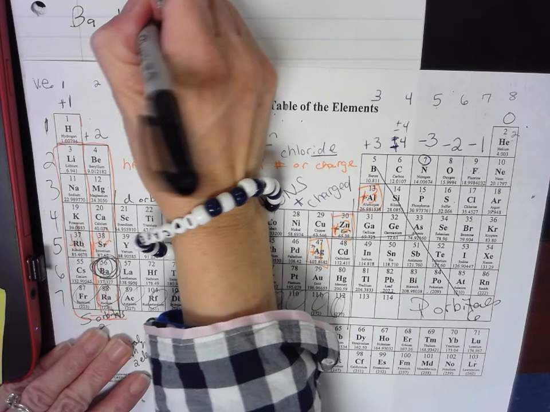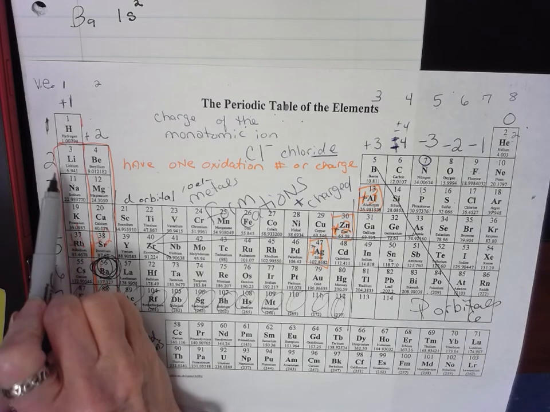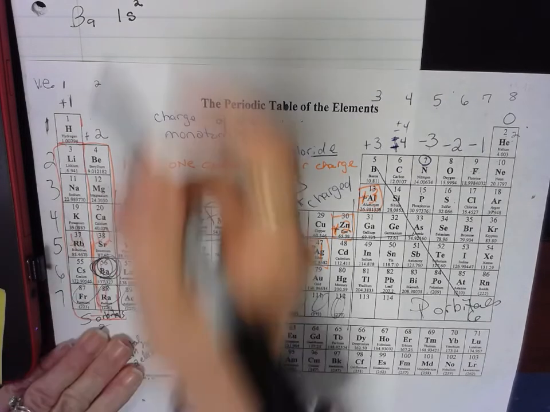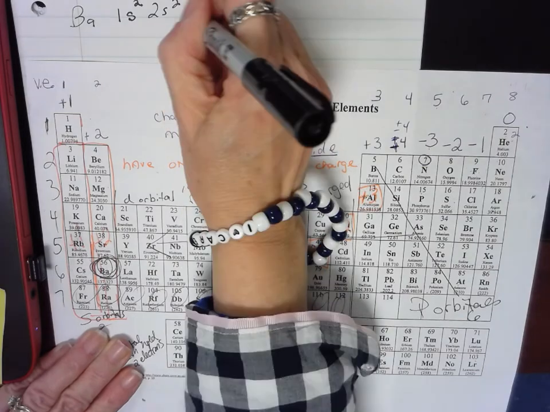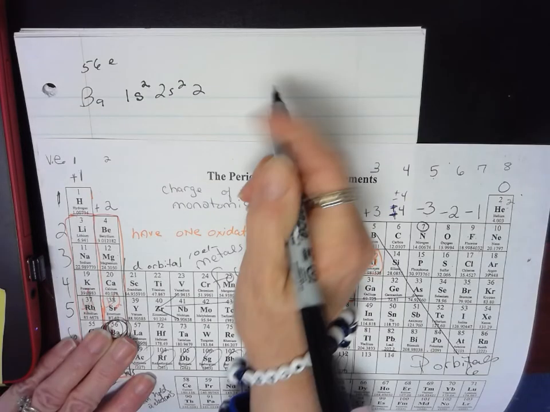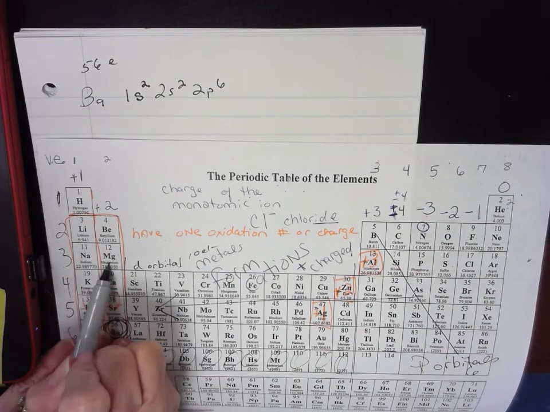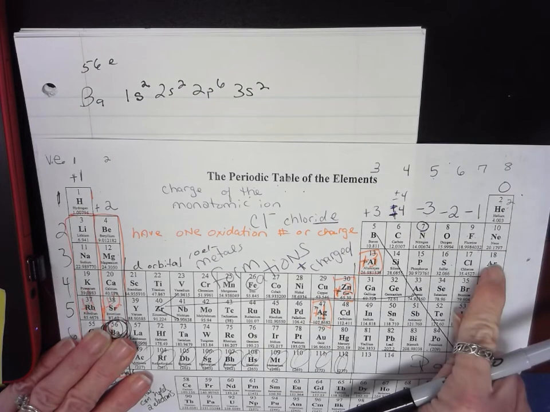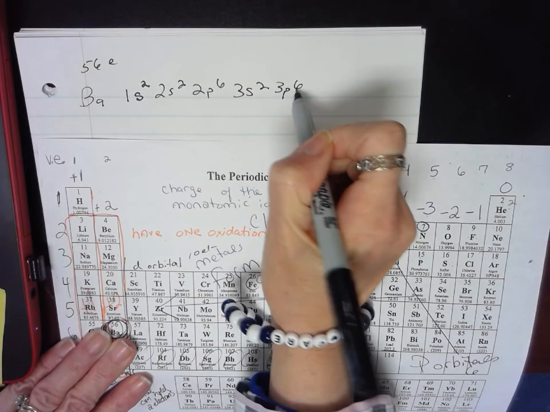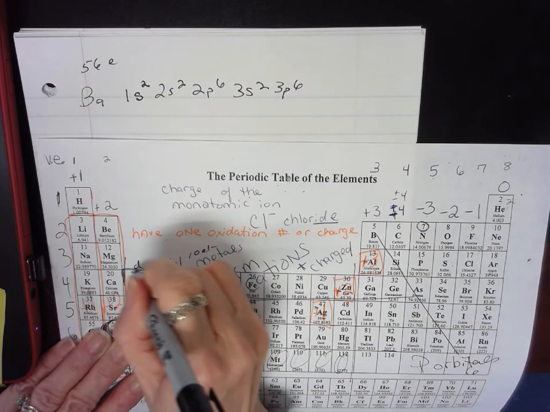We go to our second energy level. We've got 2s2, and then we go over here and we've got 2p6. And then our third energy level, we've got 3s2, and we go over here and we got 3p6. Fourth energy level, now don't let this get you right here because this is where some people are going to choose the wrong answer.